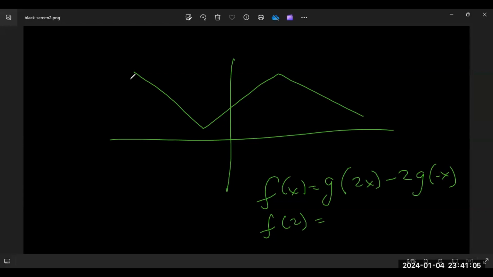Yes, any answers? Abhishek, Nilima? What is it? Sir, is it 4?